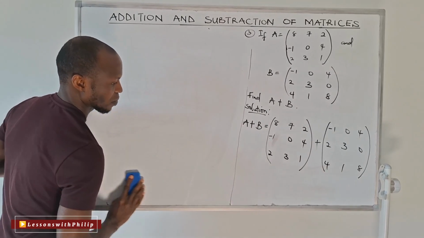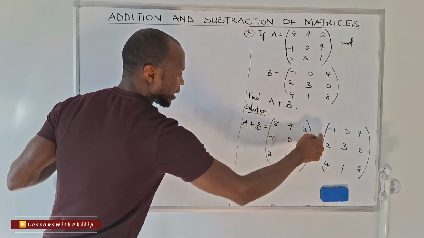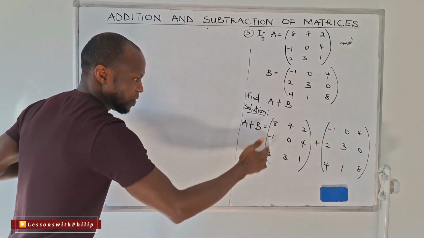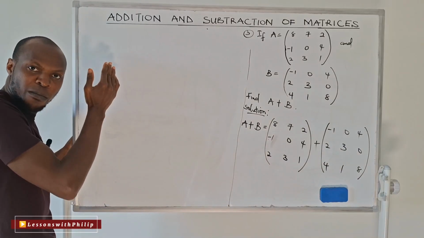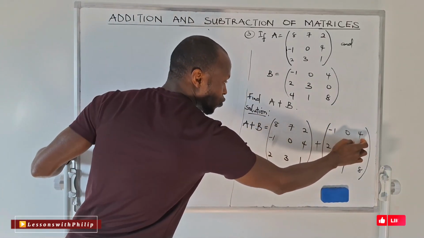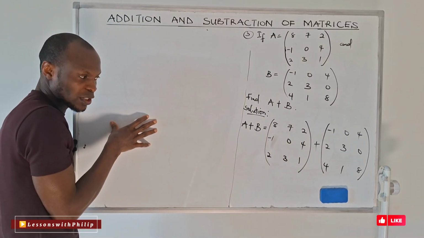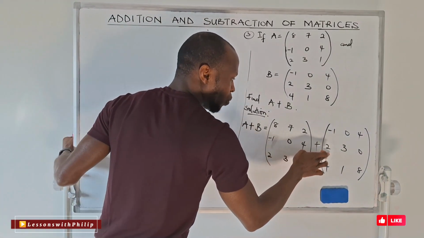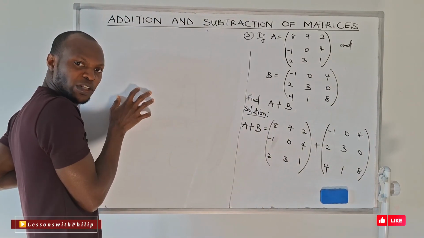Now the first row will be added with the first row. If you add the first row with the first row, it will form the first row of your new matrix. If you add the second row with the second row of the second matrix, it will form the second row of the new matrix.